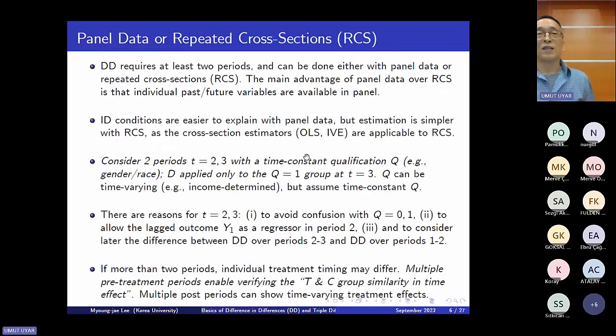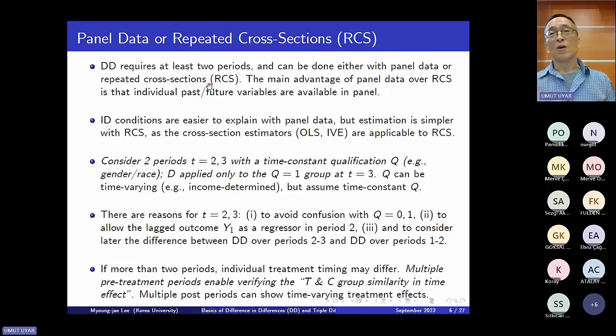So as you just saw, DD requires at least 2 periods. So DD analysis can be done either with panel data or repeated cross-sections. I'll abbreviate repeated cross-sections as RCS. Differently from panel data, in RCS, every year you draw new individuals from some data set.